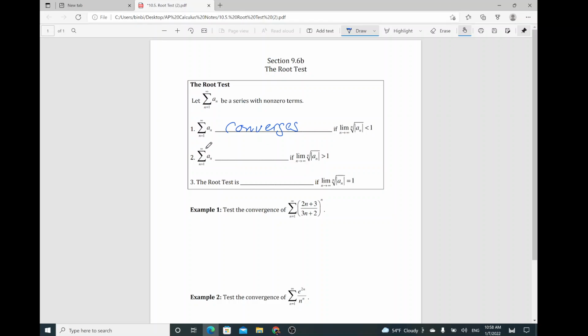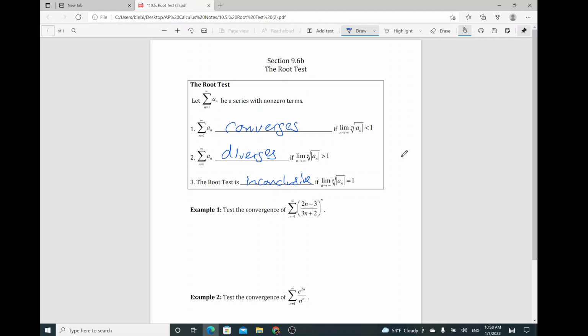Condition number 2: the series a sub n diverges if the limit as n goes to infinity of the nth root of the absolute value of a sub n is greater than 1. And the third condition: the root test is inconclusive if the limit of the nth root of a sub n as n goes to infinity equals 1.